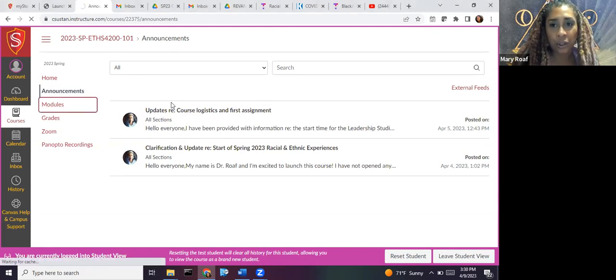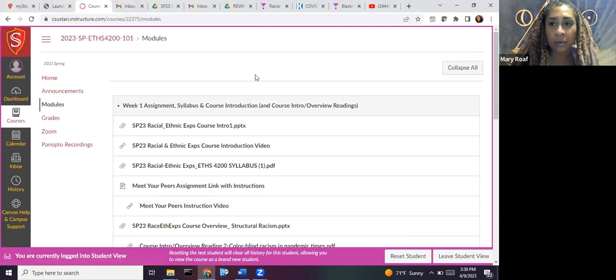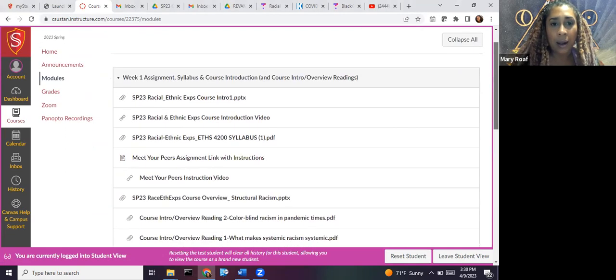The module section is where all of the reading materials are located. I will also have a module for just assignment instructions and/or examples of assignments if I have those.